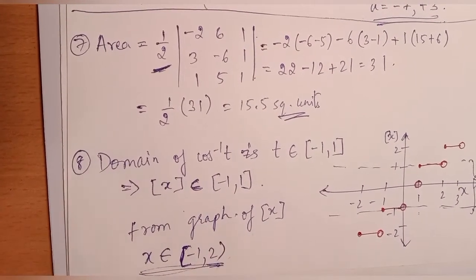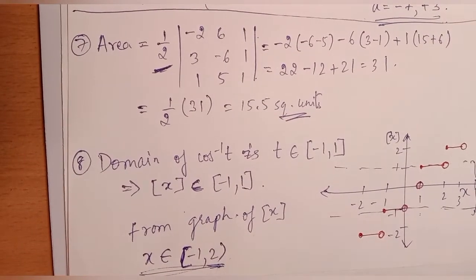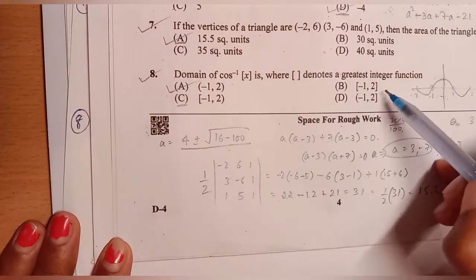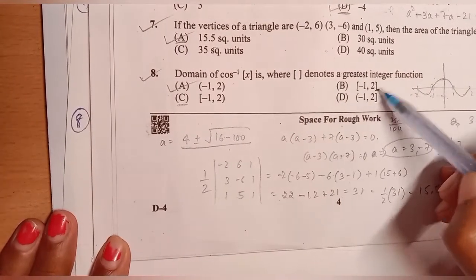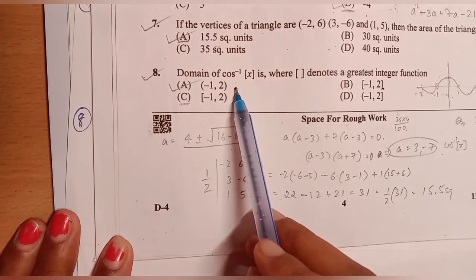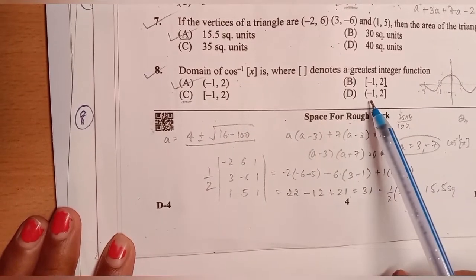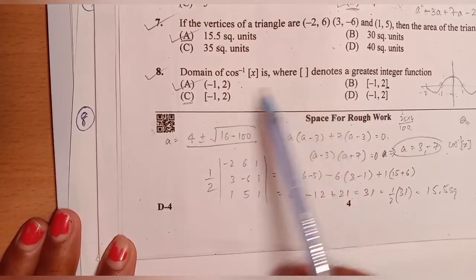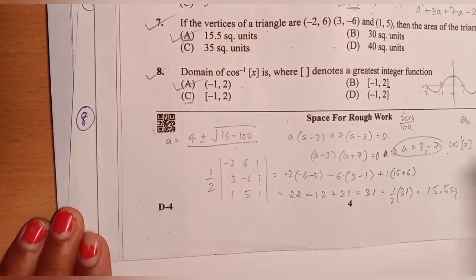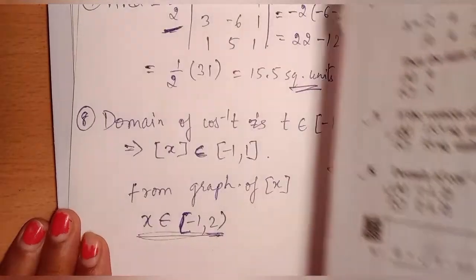If you make a mistake like this, then you will get different answers. Like see here, the options: when both are closed, B option. When one is open, C option. When both are open, A option. When one is open, as you can see, you'll get confused like this. So you have to know perfectly which the answer is, or else you'll make a grave mistake.